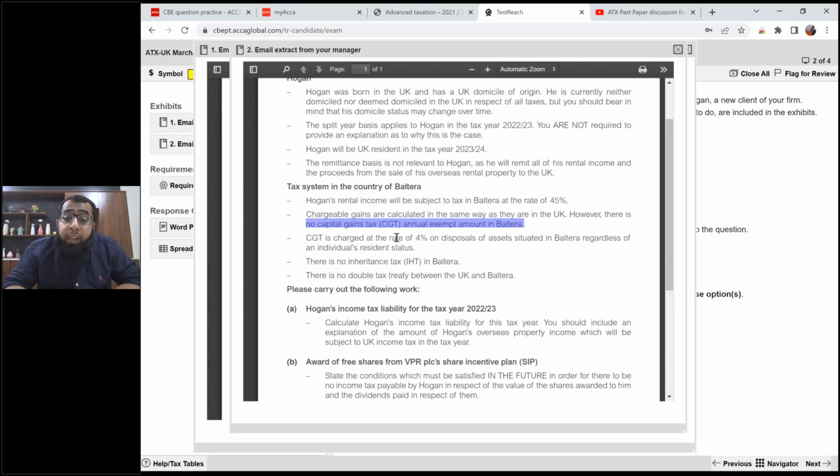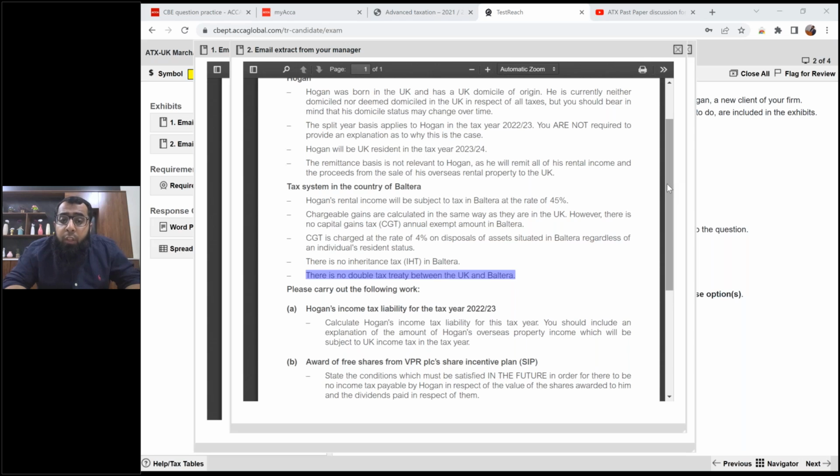CGT is charged at the rate of 4% on disposal of assets situated in Baltira, regardless of an individual's residence status. So the income tax rate is 45% and the CGT rate is 4%. There is no IHT in Baltira. There is no double tax treaty between the UK and Baltira.